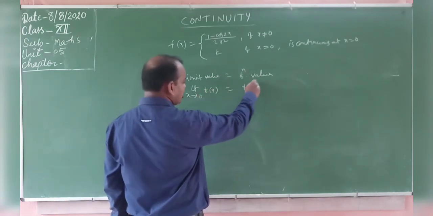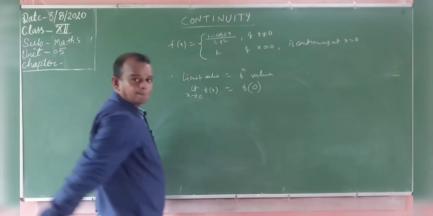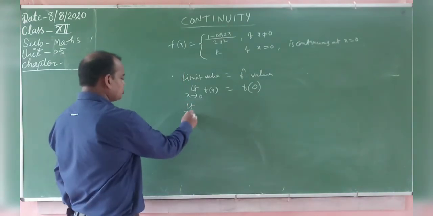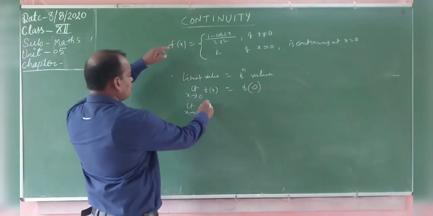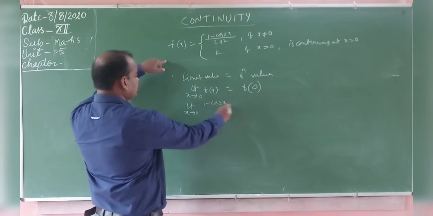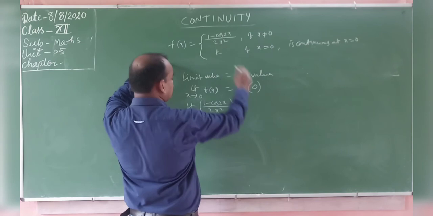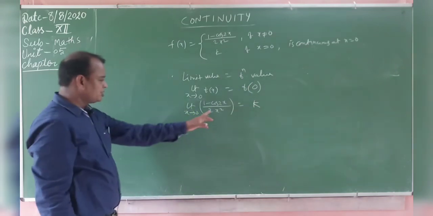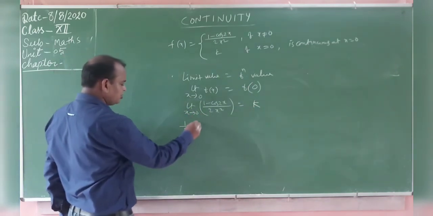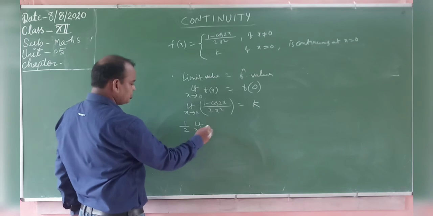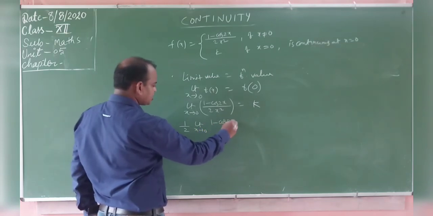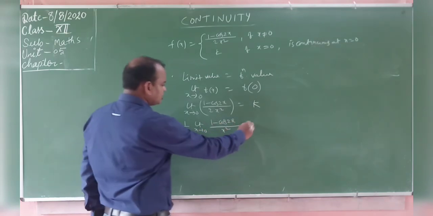Function value is f of a, here f of 0. Now substitute: limit x tends to 0 of (1 minus cos 2x) by 2x square is equal to f of 0, which is k. Here 2 is a constant, so write 1 by 2 in front: limit x tends to 0 of (1 minus cos 2x) by x square is equal to k.